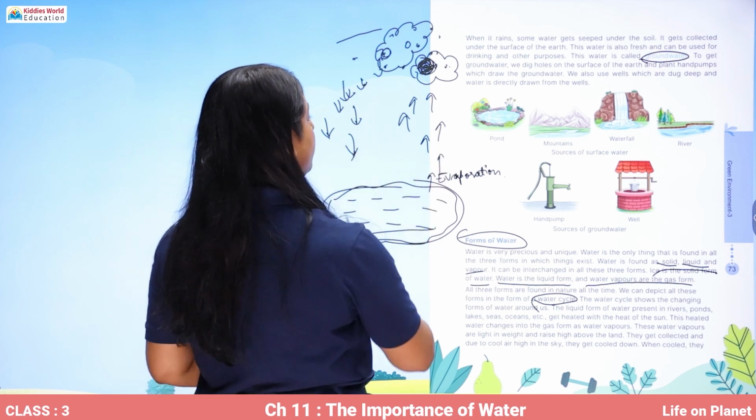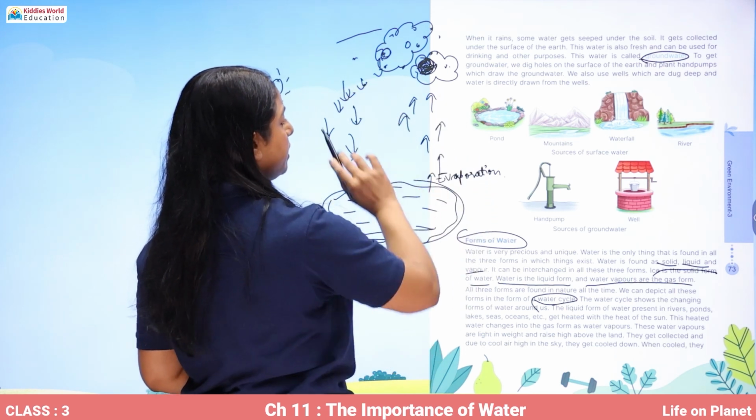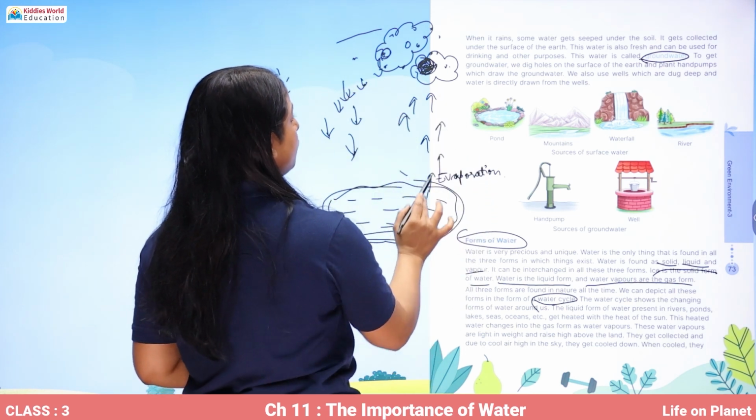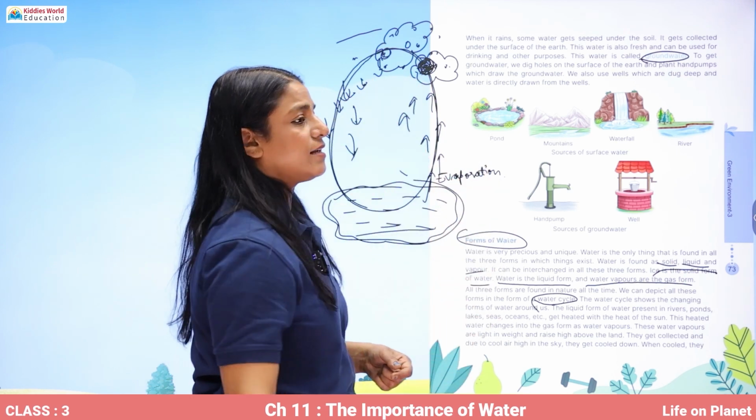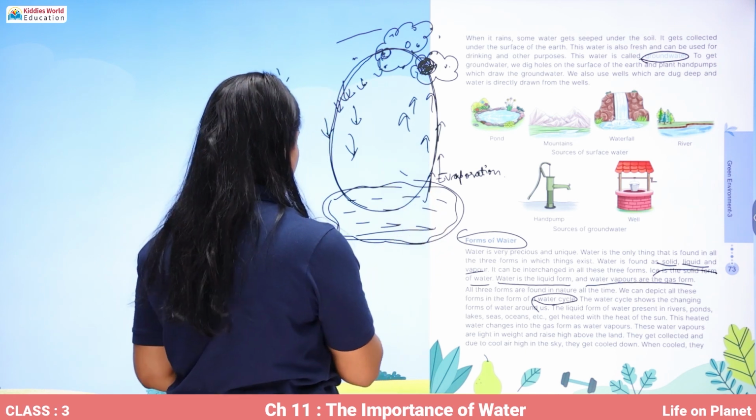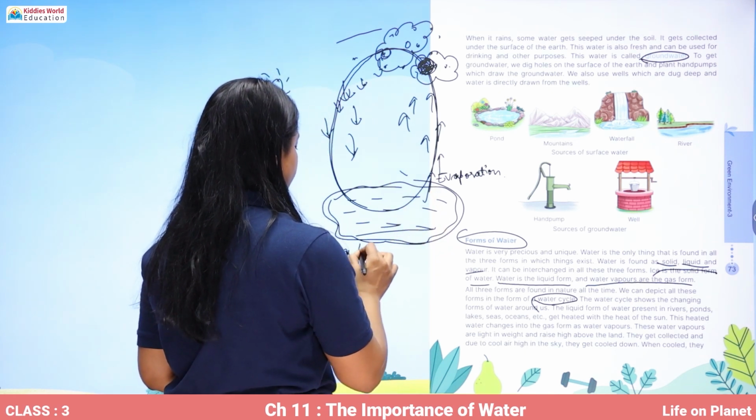So this cycle keeps on going, and it is called the water cycle.